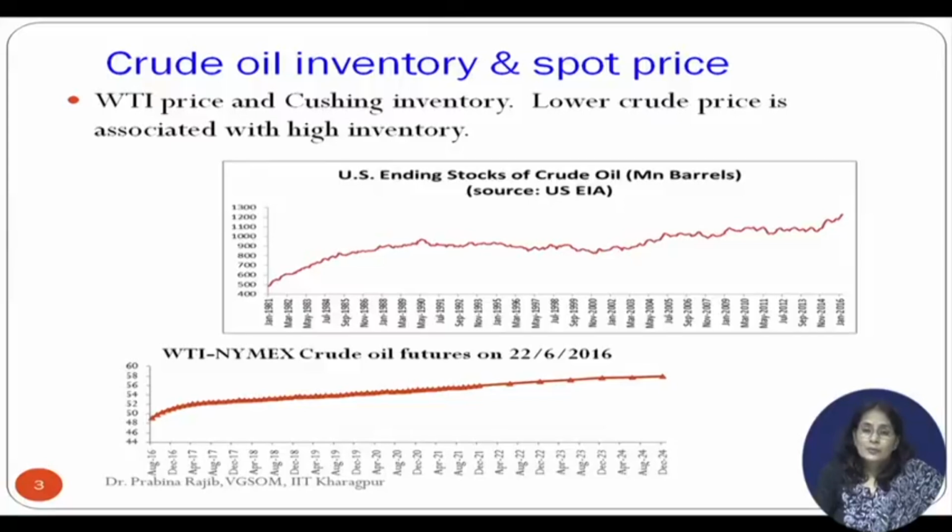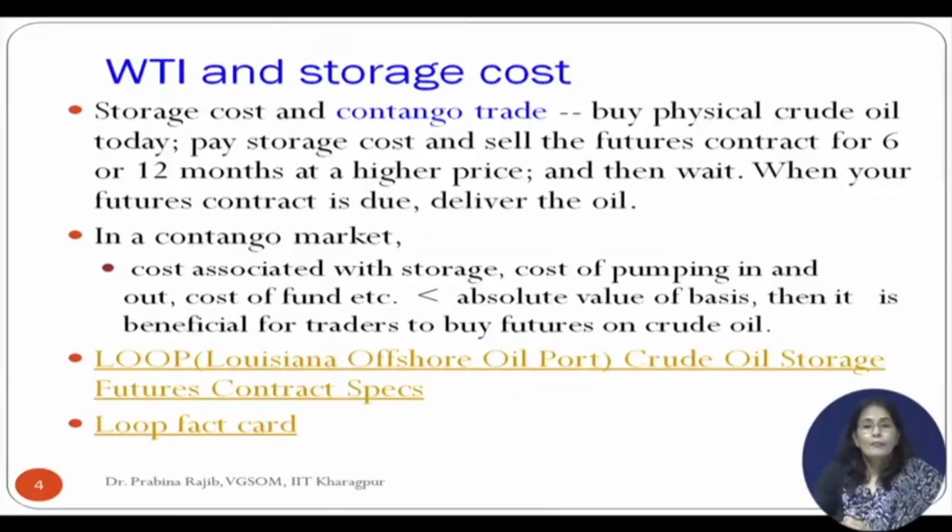And with this commodity available in abundance and the market exhibiting contango in the USA, a lot of contango trade is happening. So what do we mean by contango trade? Let's go to the next slide to understand more about it.